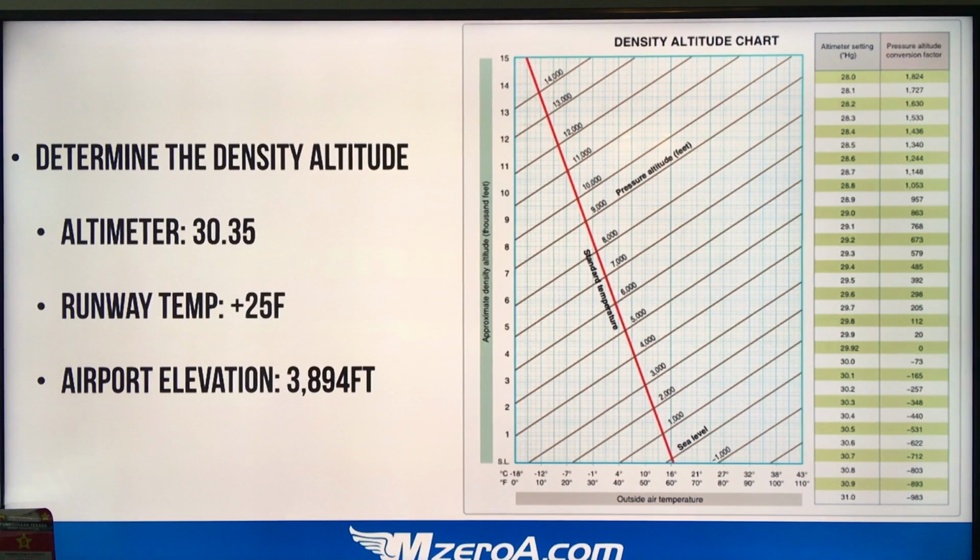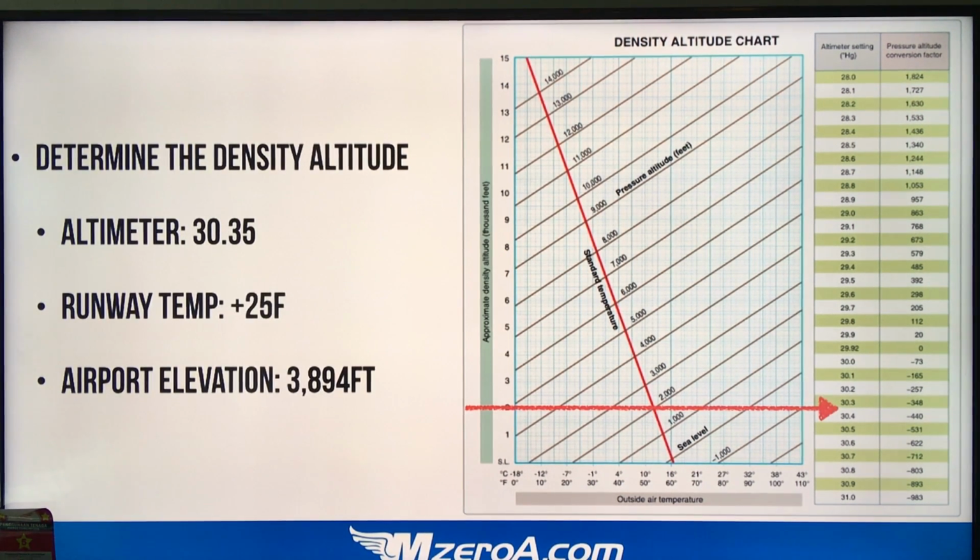The altimeter is 30.35. The runway temperature is a positive 25 degrees Fahrenheit. They're trying to trick you. I don't know why they give it to us in Fahrenheit when everything we do is in centigrade. Your airport elevation is 3,894 feet. First things first, we need to find our pressure altitude, that column on the right. So we take our altimeter of 30.35.